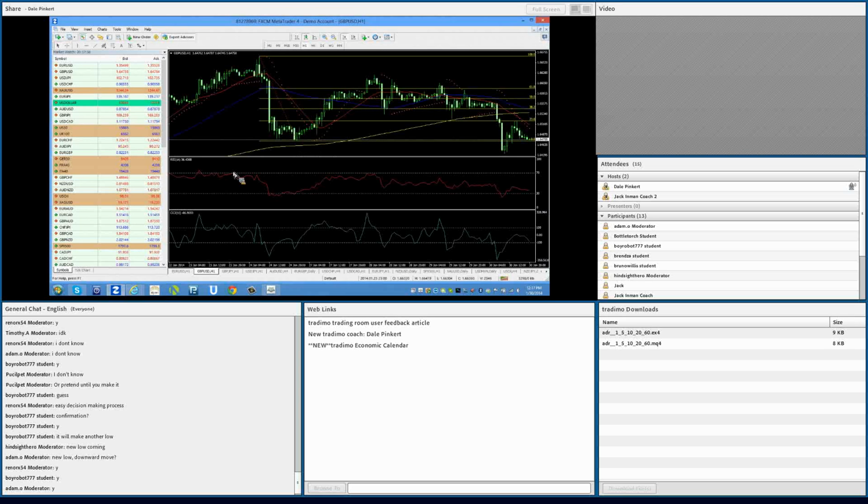My preference for top picking, and it ties in with a 3-drive formation, a 3-drive to a top, 3-drive to a bottom formation, is not to wait for, I like to see at least 2 divergences under the 70 level before I'm willing to counter trend trade it. So that's a rule.